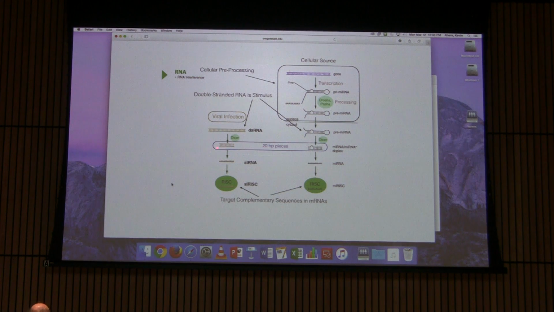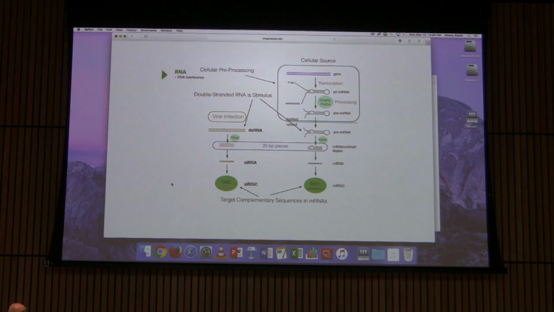The cell has a protein called dicer that can take that double-stranded RNA and chop it up into little pieces. The exact size of those pieces for our purpose doesn't really matter, but I'll tell you they're on the order of about 20 to 25 base pairs in length. Those little pieces are cut up by dicer, and one of those strands is peeled apart to make a single-stranded RNA, as you can see right there.